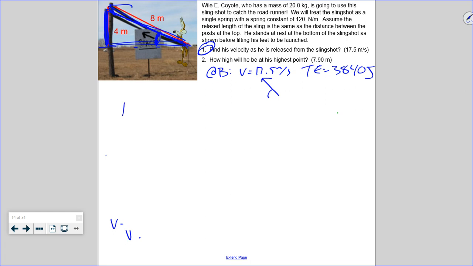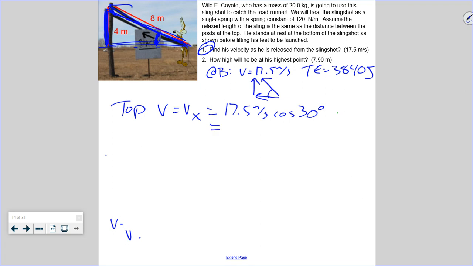So at the top of his path, his velocity is just Vx. So that's 17.5 meters a second times the cosine of 30 degrees. Just doing some vectors here. When he gets to the top of that path, remember the horizontal velocity stays constant, and the vertical velocity is 0 at the top.